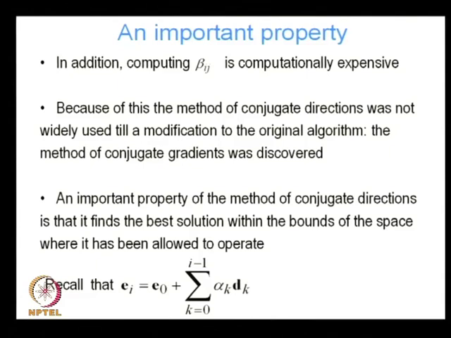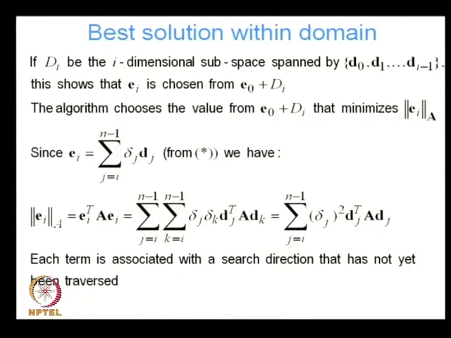Well, let us see. We know that at any iteration i, e_i is equal to e_0 plus the sum over k equal to 0 to i minus 1 of alpha_k d_k. We have already seen how we got that, right. Now, let us suppose D_i be the i dimensional subspace spanned by my directions d_0 to d_(i minus 1).